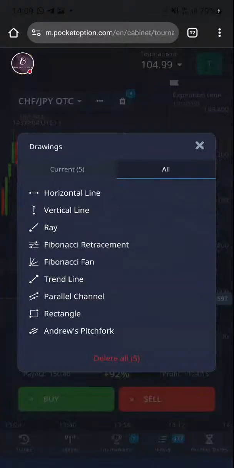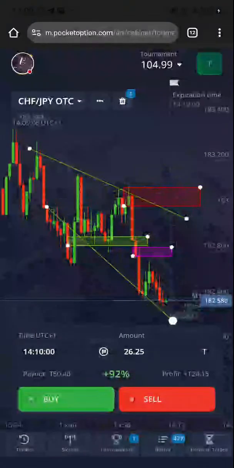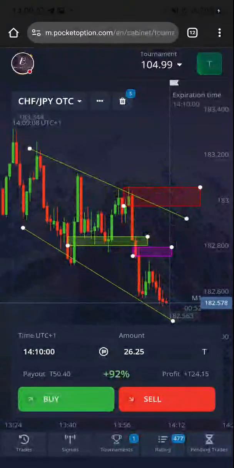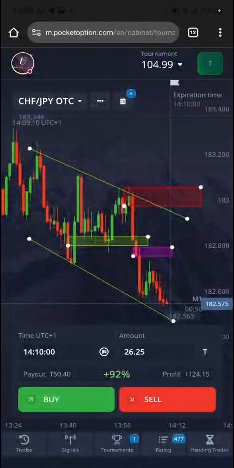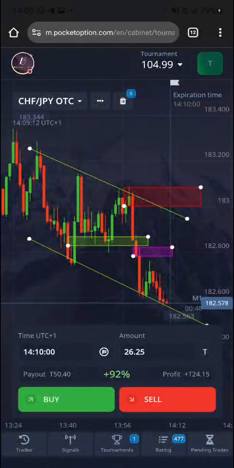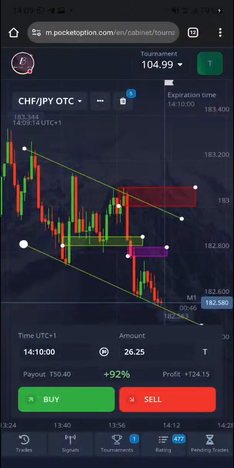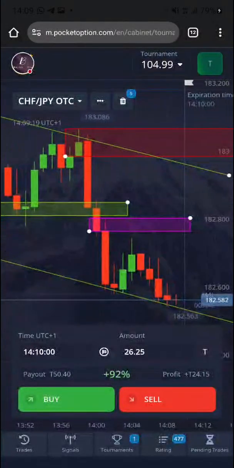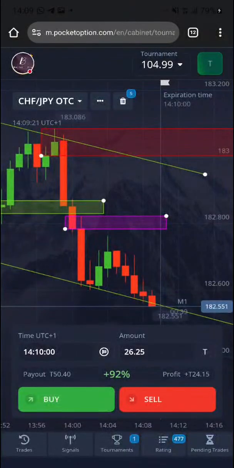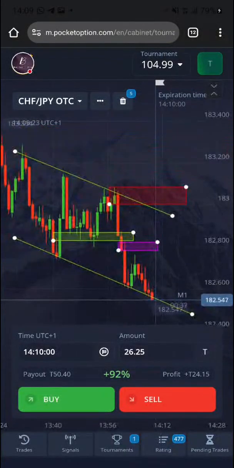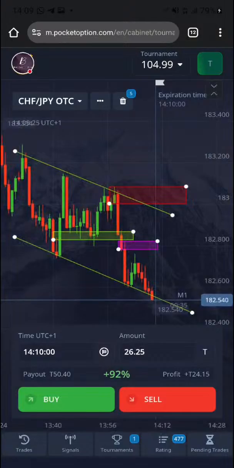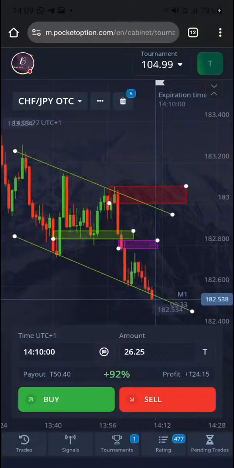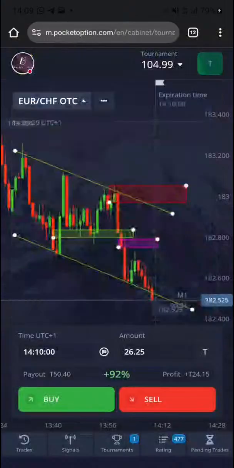If we connect these two buyer's entries with our trend line, just the way I mentioned just now, let's see what might happen. Okay, we'll just keep checking.